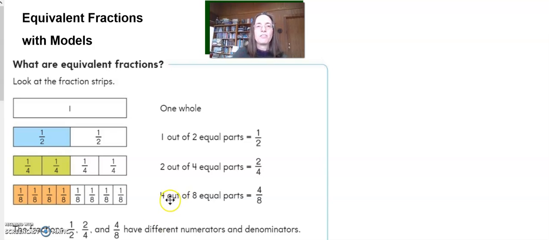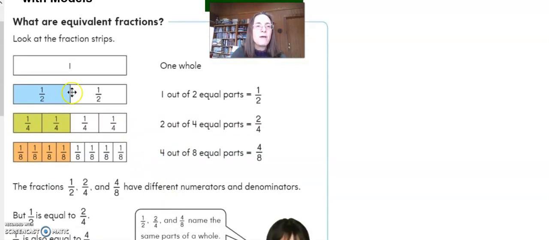So equivalent fractions are fractional amounts where the amount stays the same, but the size of the pieces are different. And I put this in here for you because I just love the little graphic it gives you here. 1/2 is if I take the whole thing and cut it into 2 equal parts. So 1 out of 2 parts is blue. You can see with the fourths here, when we divide each of those halves into 2 parts, then 2/4 is equal to 1/2.